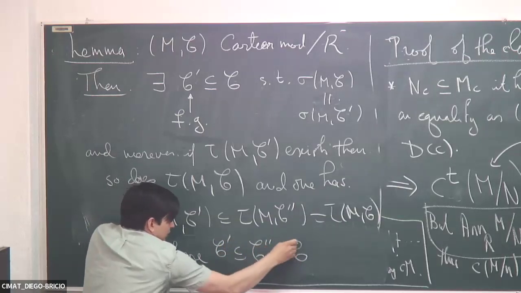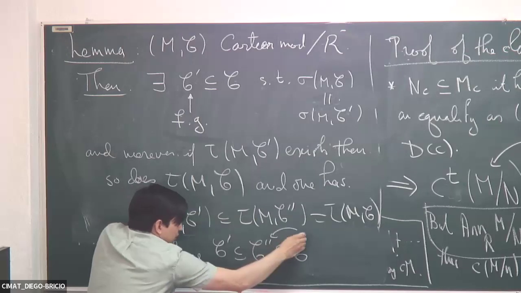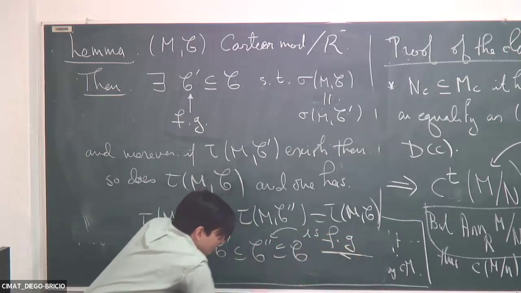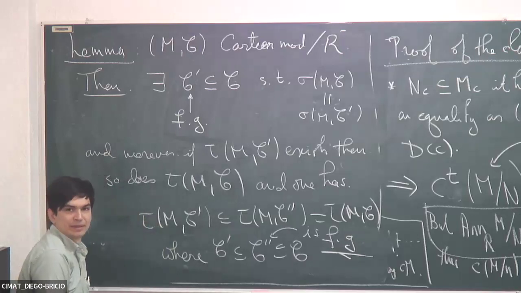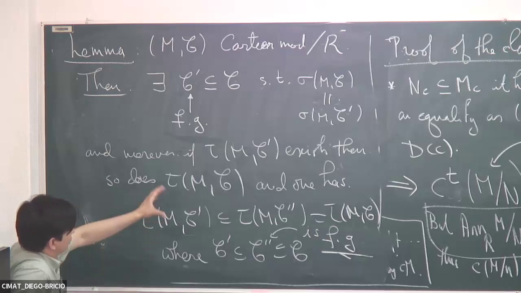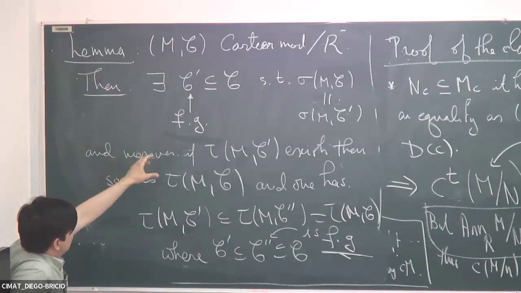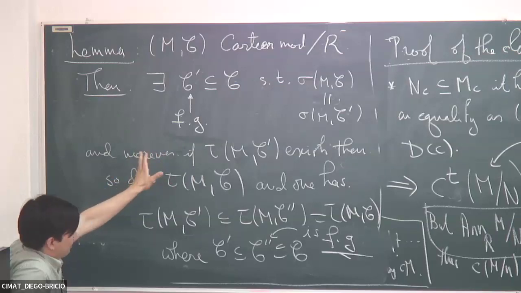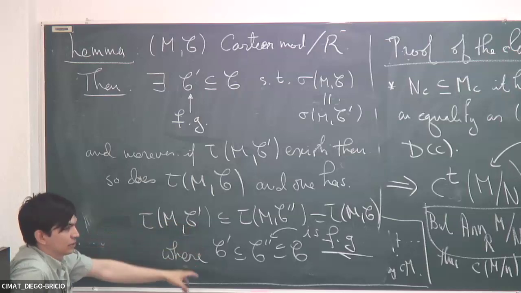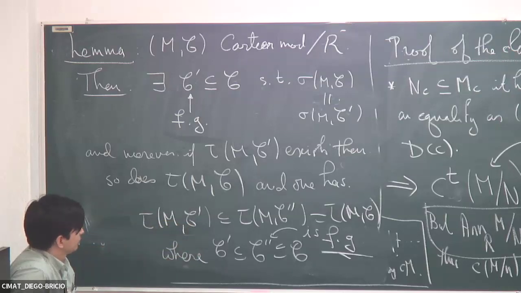And so this one here is finitely generated as well. Maybe I should have written it down as two separate lemmas. But the point is that every single invariant, sigma and tau, can be computed with respect to finitely generated Cartier subalgebras.